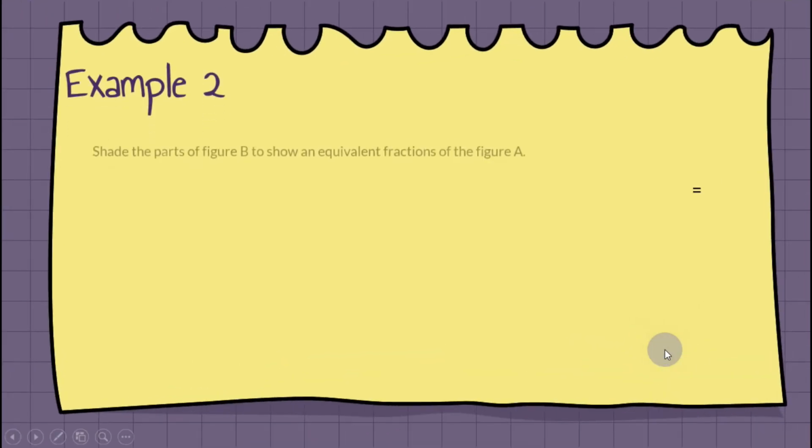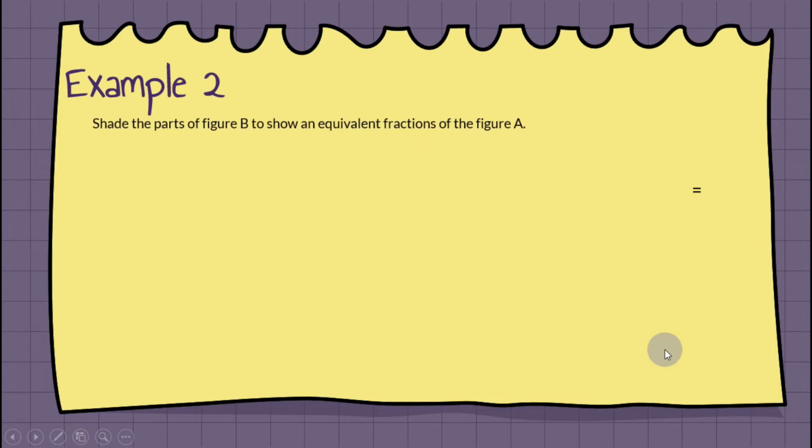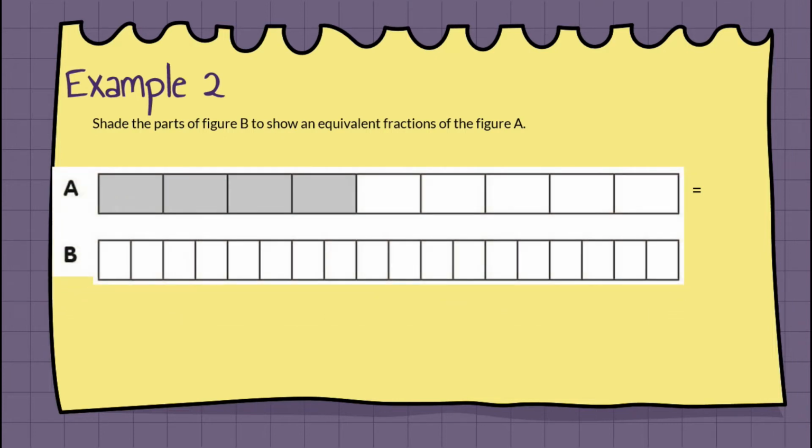Example 2. Shade the parts of figure B to show an equivalent fraction of the figure A. Figure A. The fraction of the shaded part is 1, 2, 3, 4. 4 as numerator, denominator 5, 6, 7, 8, 9.